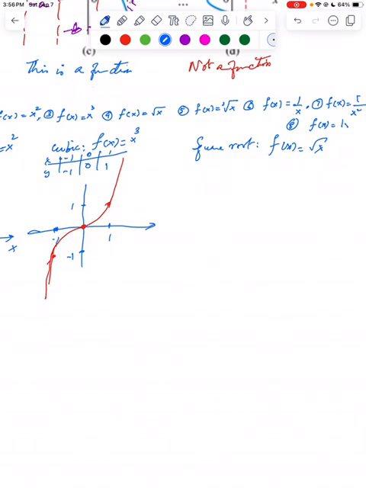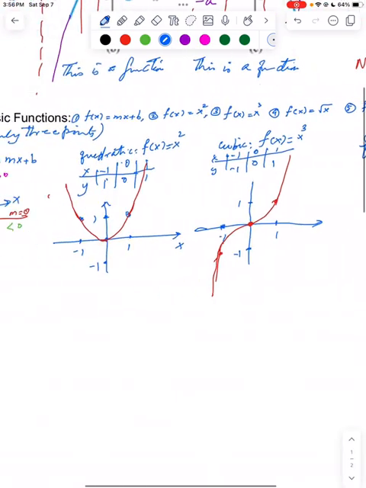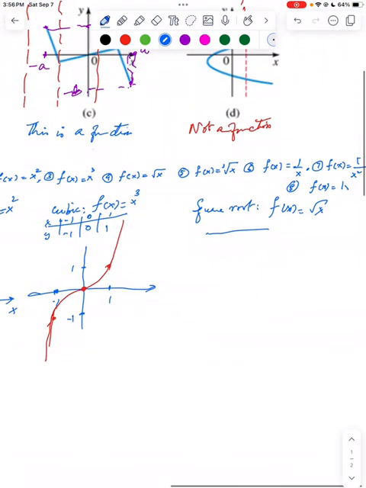You can make a table of values, and remember that we cannot have negative numbers under the square root. So the minimum value of the graph will be 0. So at 0 the function is 0, at 1 the value is 1 because square root of 1 is 1.